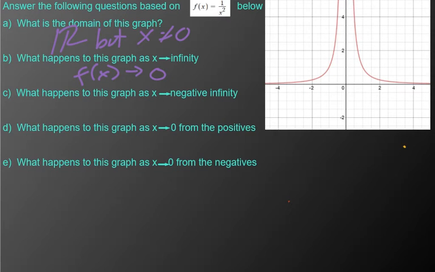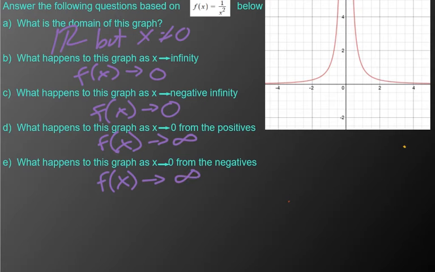As x goes to negative infinity, the function value is also going to 0 still. And as you go to 0 from the positives, you can see that the function value skyrockets. And then again, as you approach 0 from the negatives, you're going to go to positive infinity still, because you're squaring a negative number and it's making it positive.